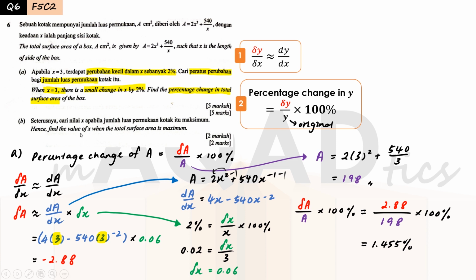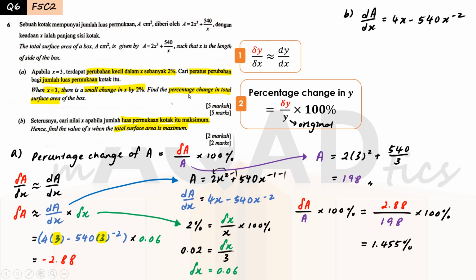For part B, we need to find the value of x if the total surface area is maximum, right? So this actually applies to the second application in differentiation, which we learn how to find minimum or maximum points, right? So the first step is to differentiate the original equation, which we have already done here. Okay, so we can put it here.